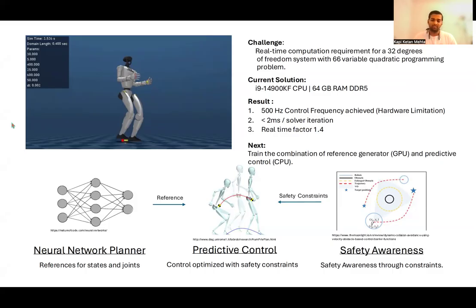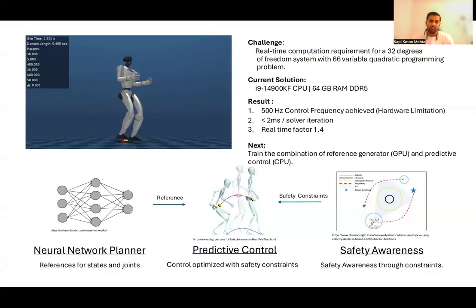Then I have the safety awareness, which is basically constraints in my environment and the safety of my own system. And then I combine those in the predictive control, which optimizes both of them and spits out a model-based safe output.